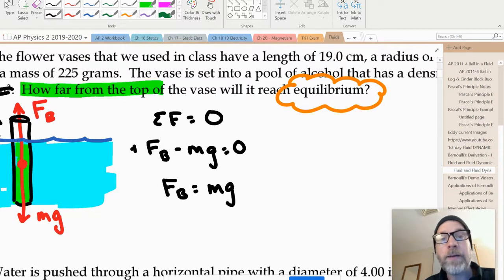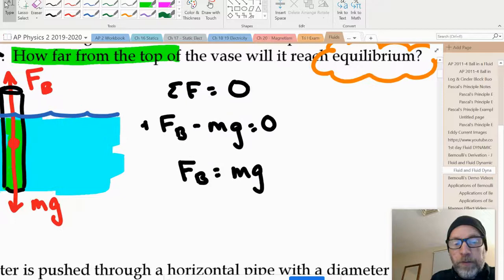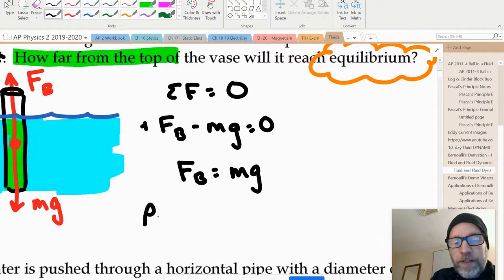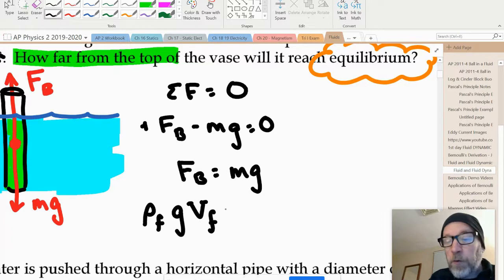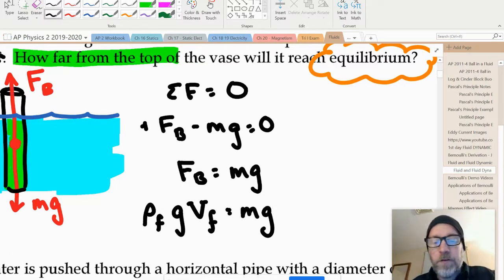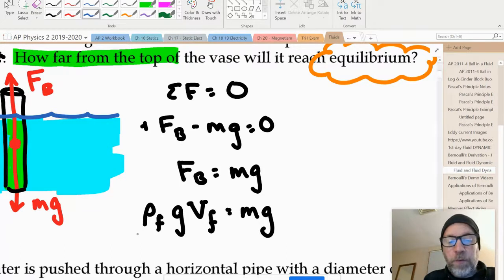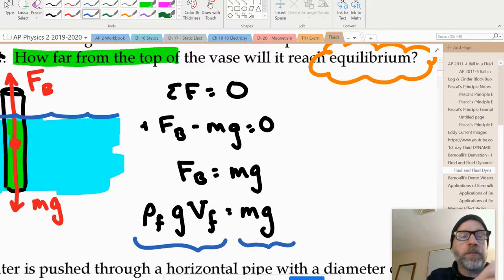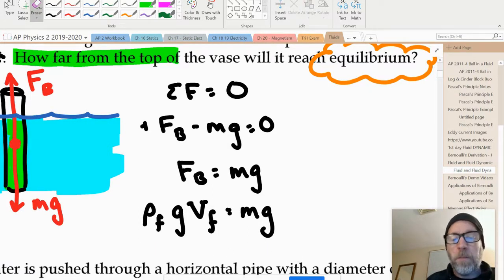Now, if you go back to what we had learned already about fluids, the buoyant force is the density of the fluid times gravity times the volume of fluid displaced equals the mass of the object. Really, it's the weight of the fluid is equal to the weight of the object.